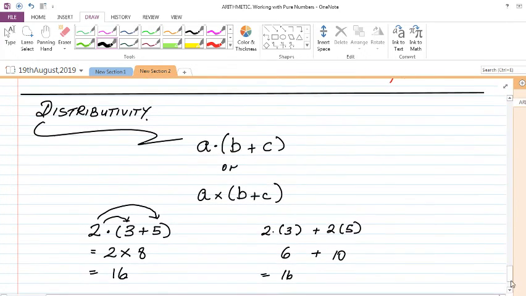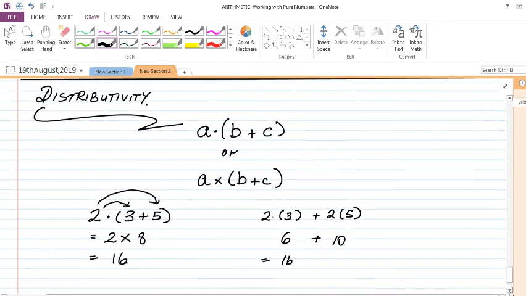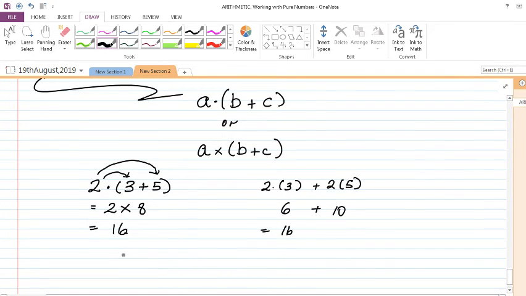But indeed, no matter what number we try, right? Let's say I try 5 into 14 plus 2. I'm asking myself whether that's the same as 5 into 14 plus 5 into 2.